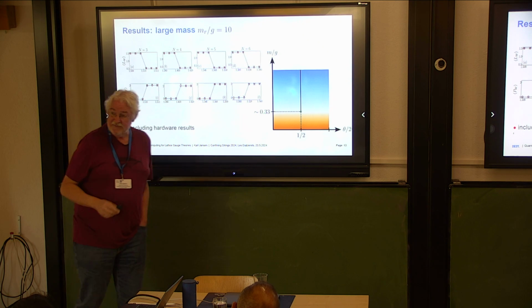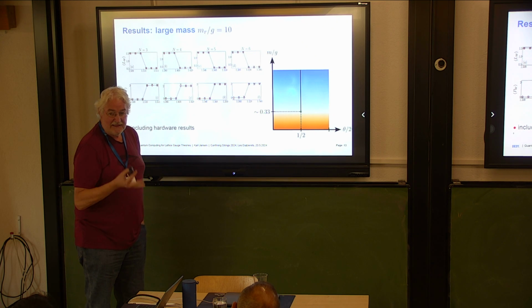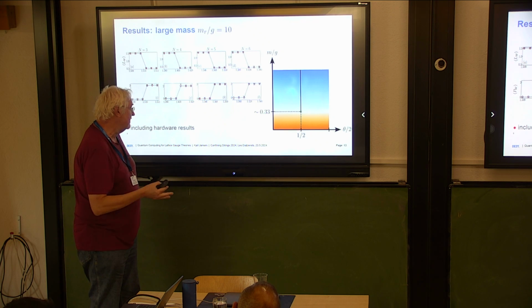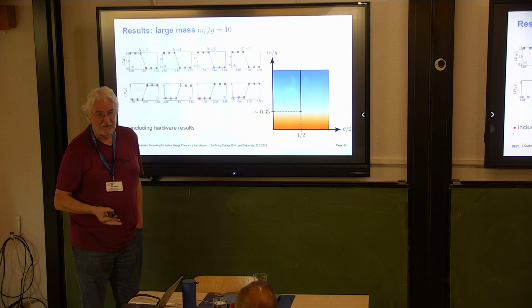Okay, so this was very nice. Again, this was done as before with exact simulation and also with hardware. And again, you see that you don't see anything. So also in this case, it works.